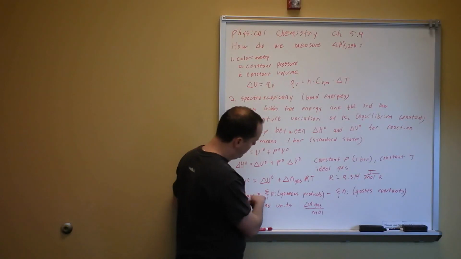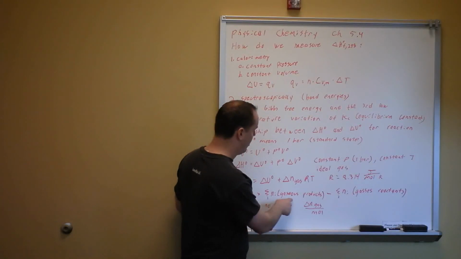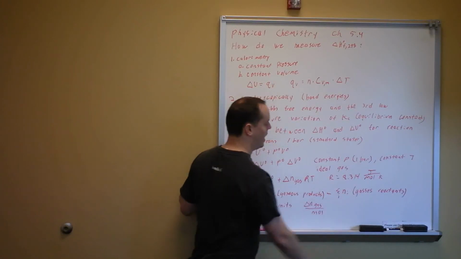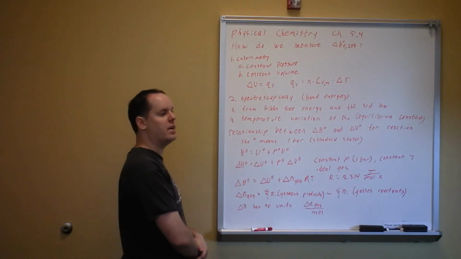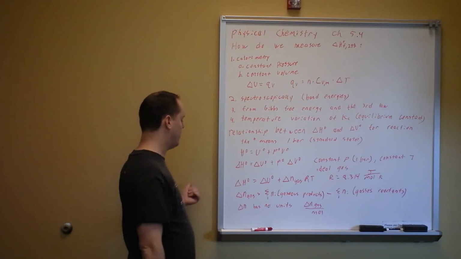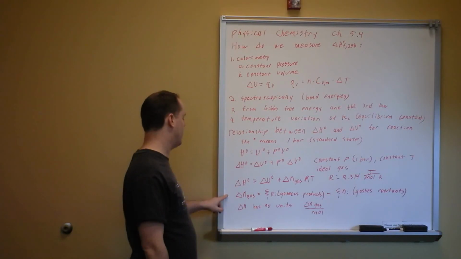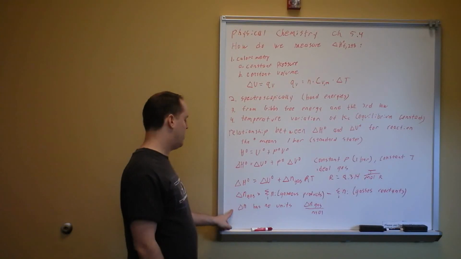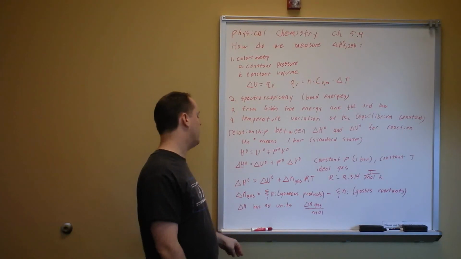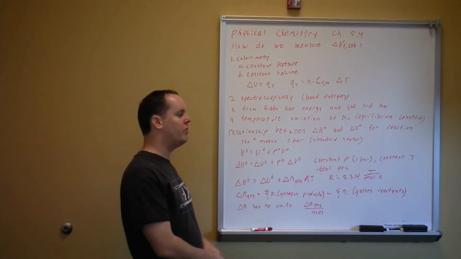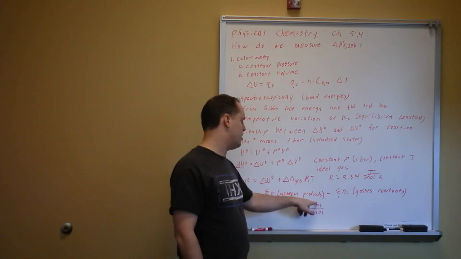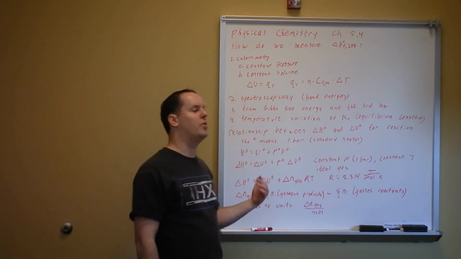So you're going to have the sum over i of n_i for all the gaseous products minus the sum over i of n_i for all the gaseous reactants. If there are any condensed phase solids or liquids, you just ignore those for this calculation because they're roughly constant volume. So Δn, even though we're calculating the change in moles, we're going to say it has no units. So it's actually like the change in the number of moles divided by moles, so the moles cancel out.